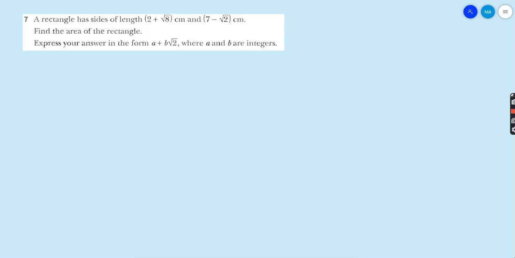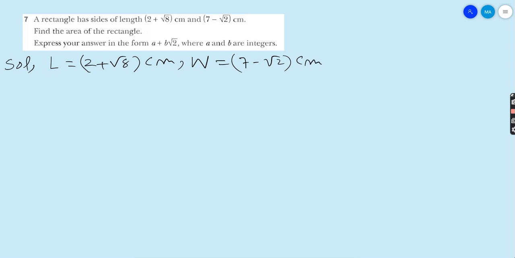A rectangle has sides of length L equals 2 plus root 8 centimeter, and the other side, definitely the width, 7 minus root 2 centimeter. Find the area of the rectangle. Express your answer in the form a plus b root 2.